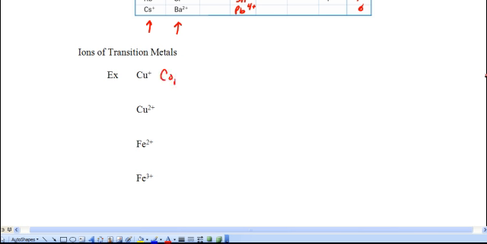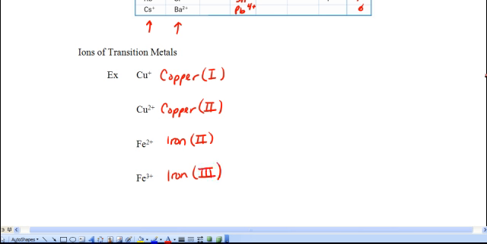So rather than just calling this the copper ion, we call this the copper(I) ion using a Roman numeral in parentheses. This would be called copper(II). Easy enough. Similarly, this Fe will be iron(II), while this Fe 3+ is simply iron(III). You just tell the charge on the individual ion.